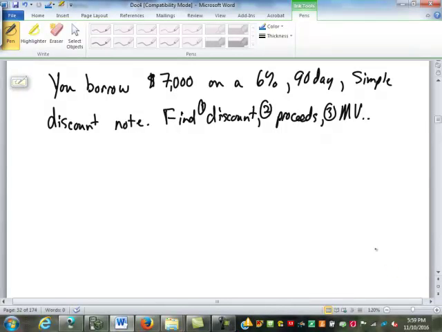So one part of this question I asked just to see if you're paying attention. Can anybody see what part that is? Maturity value. What's the maturity value? $7,000. On a simple discount note, the face value is the maturity value. You will pay back $7,000 at the end of this note.